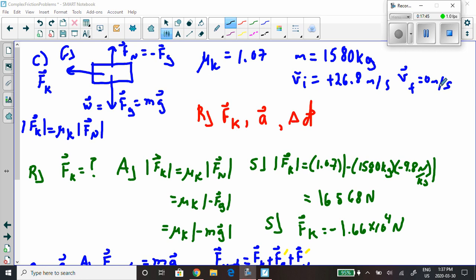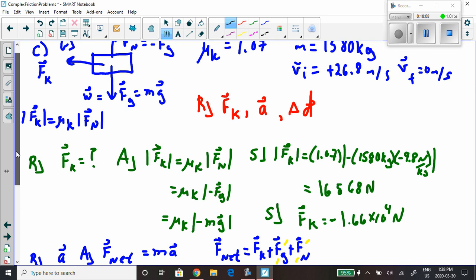What we want to do now is they're asking us to solve for three different things: the force of kinetic friction, the acceleration that the car undergoes as it's coming to a stop, and the displacement. How far does it move forward while it's stopping and then eventually coming to a stop? So these are the three requirements we have in part C.